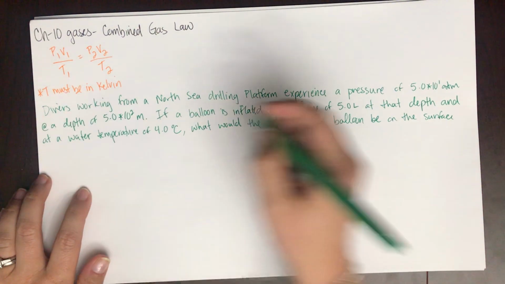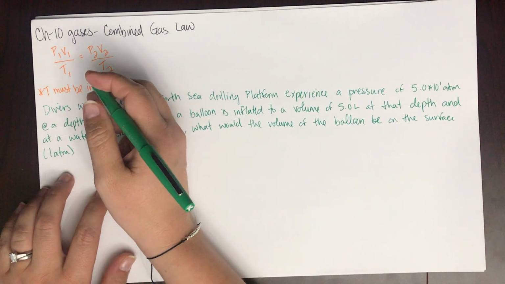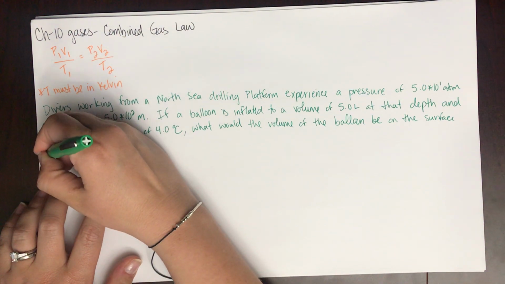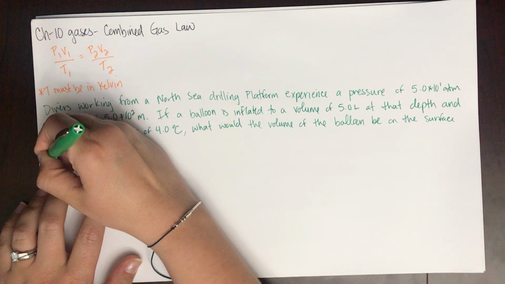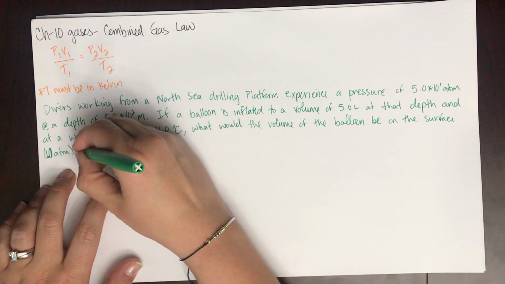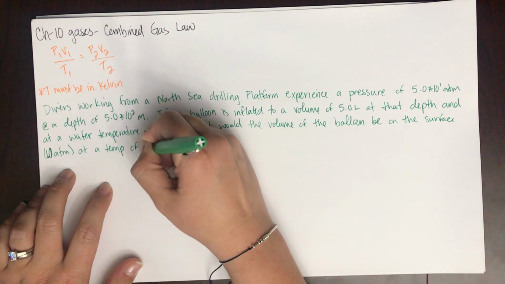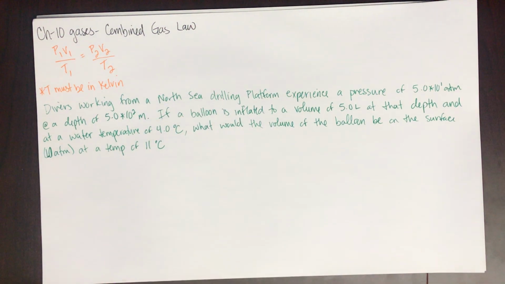The surface is 1 atmosphere of pressure. We'll say 1.0. And temperature of 11 degrees Celsius.